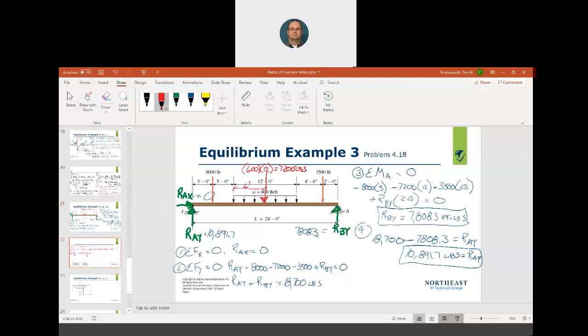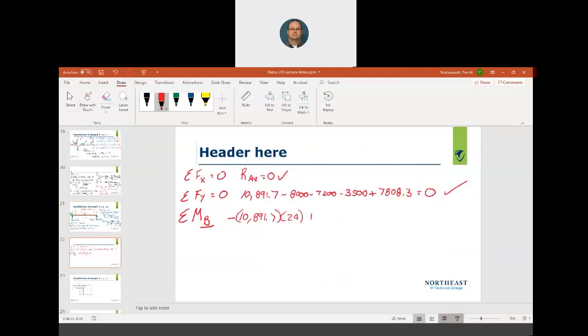So we got plus, positive rotation equals plus 8,000 times the distance, plus 7,200 times the distance, plus 3,500 times a distance. Okay, so let's figure out those distances.